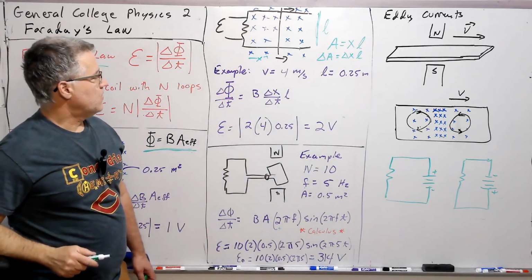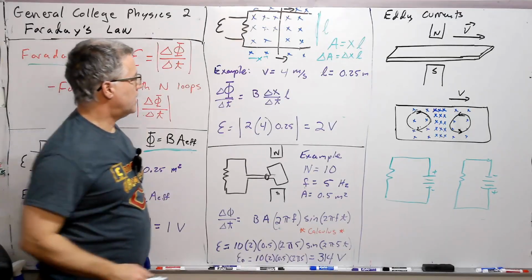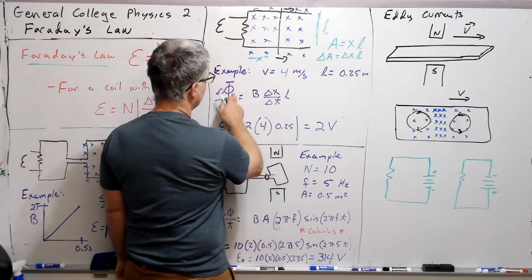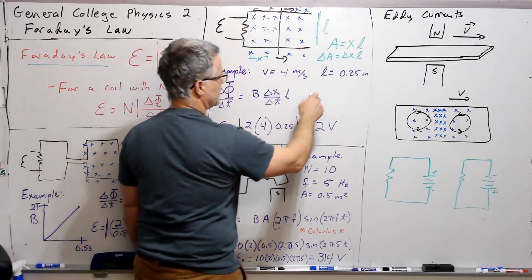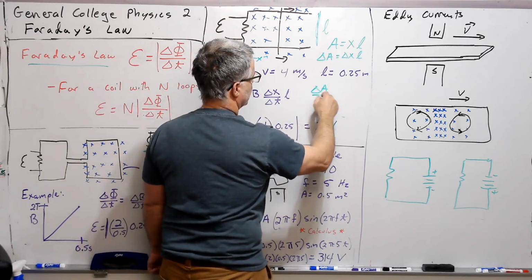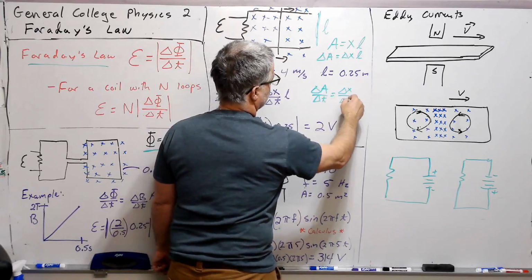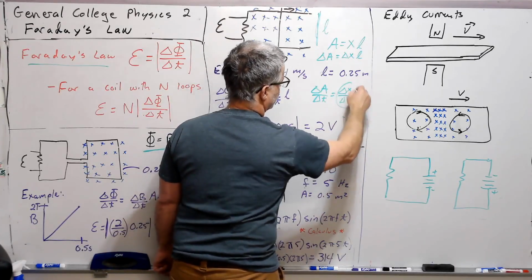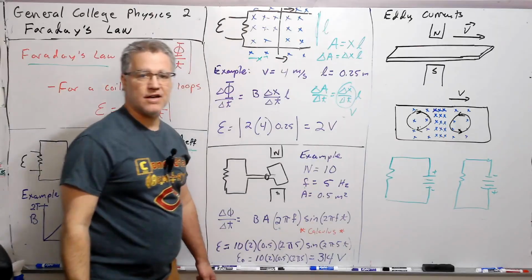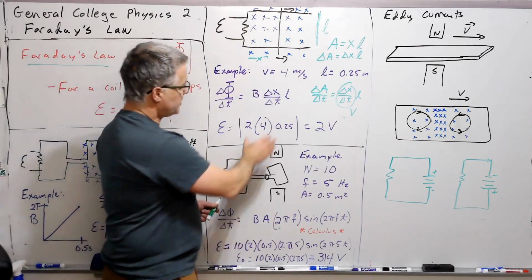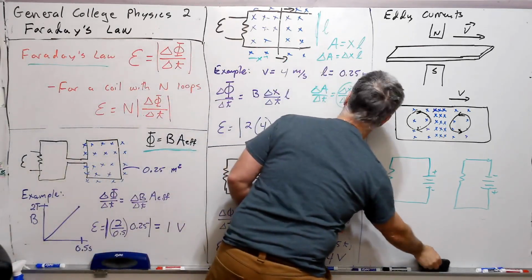Okay? Well, we're interested in the change in area with change in time. So delta area over delta time will be delta X over delta time, times L. And what is this? This is the velocity. So this is our formula here.